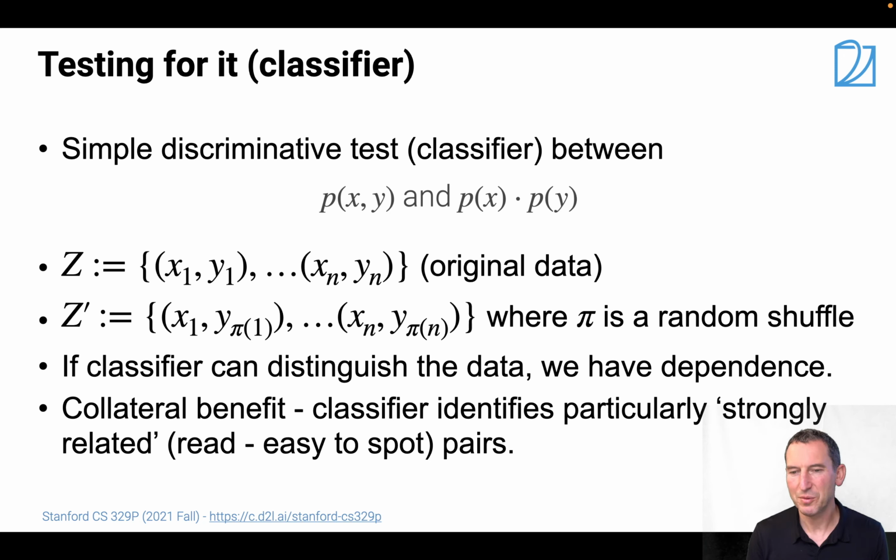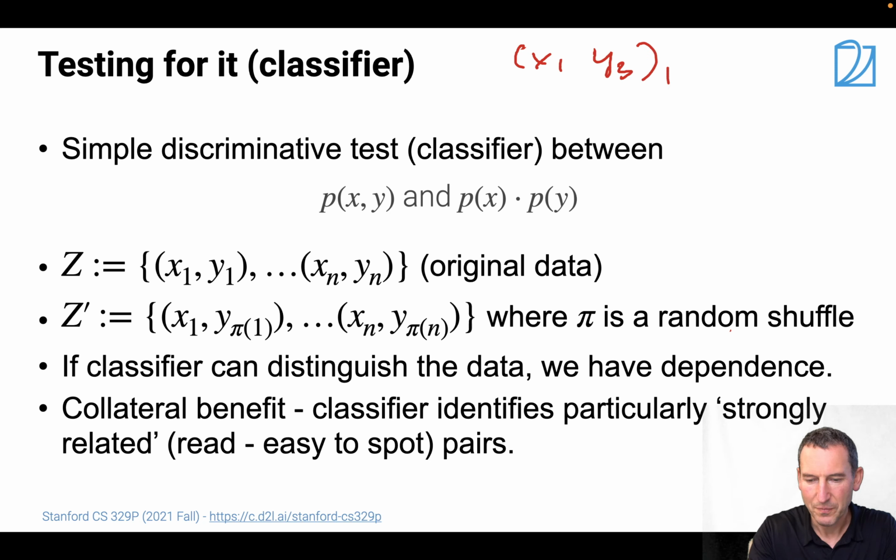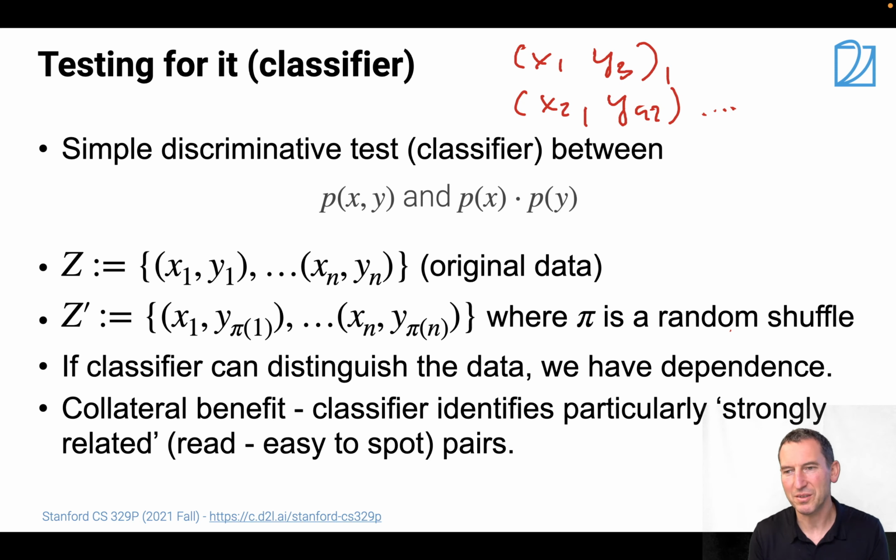And then for the other class, I might have pairs x_i, y_pi(i). So in other words, I'll get pairs like maybe x1, y3, x2, y42, and so on. So there'll be just random combinations of x and y's. And pi is just some random shuffle, so this way I use every x and every y just once.